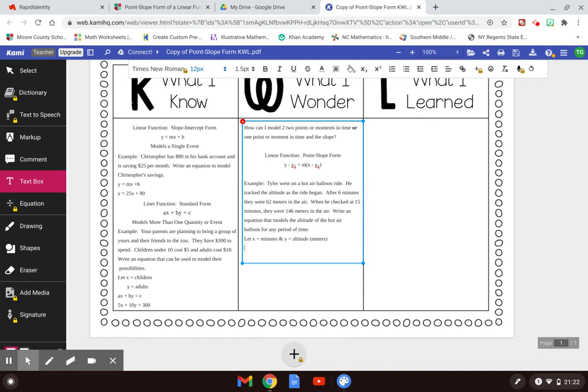So since we have here 2 points or 2 moments in time, my first moment in time is 6 minutes, represented by x, and is going to be the x of the ordered pair, and 62 meters. And then my next moment in time is 15 minutes and 146 meters. So I'm using the ordered pairs to represent this situation.